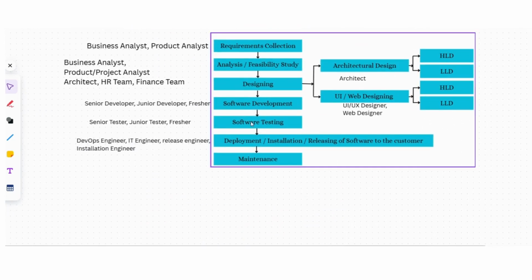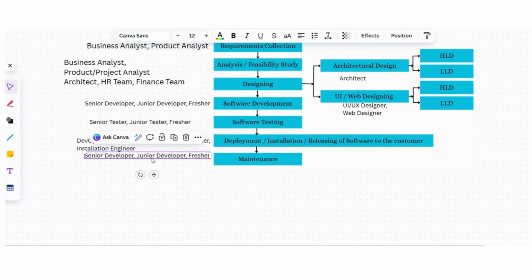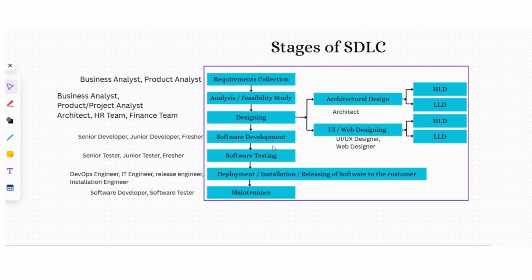The maintenance stage will be handled by the software developer and the software tester. All these stages are common in all SDLC models, but the way they are followed changes from model to model.